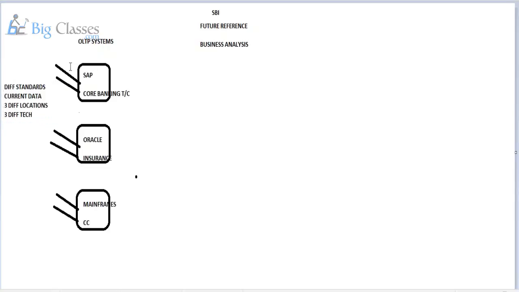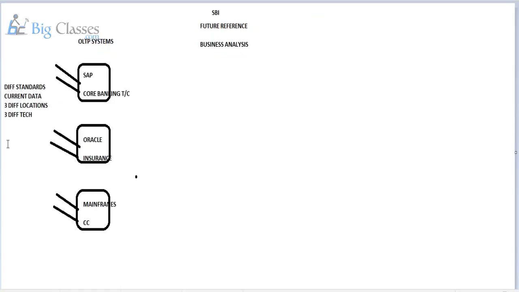Whenever you have these many limitations within the OLTP system, we cannot perform the business analysis properly, because you have different standards, and most importantly, you have only the current data.